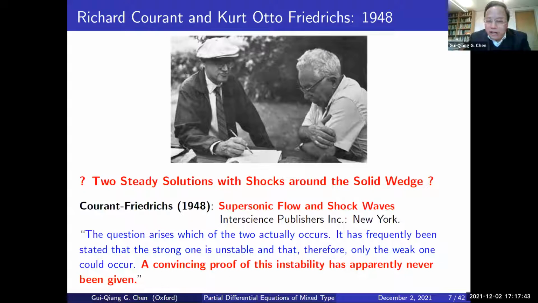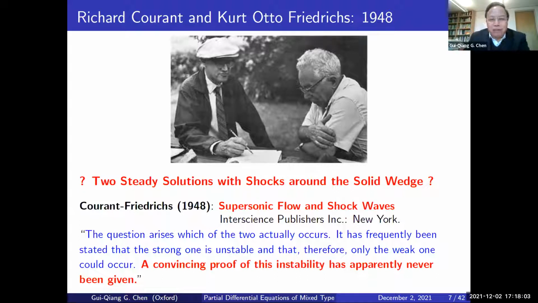Through their explanation, they point out the conclusion I put here: the question arises which of these actually occurs. It has frequently been stated that the strong one is unstable, and that therefore only the weak one could occur.